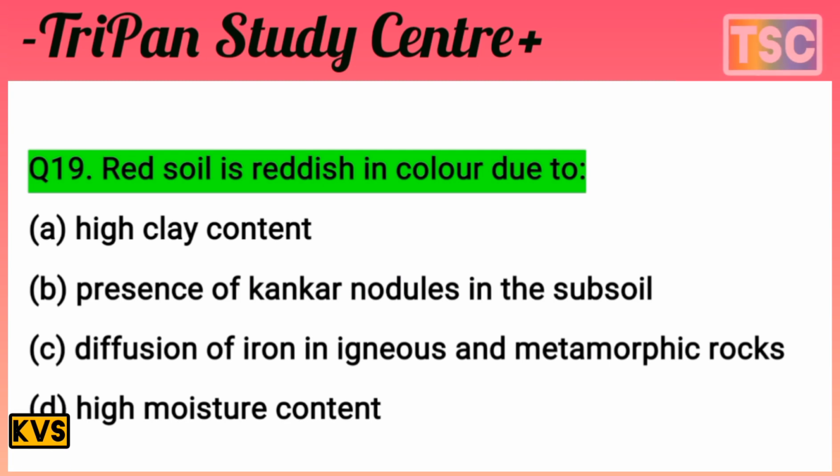High moisture content is rejected too. The answer is C: red soil is reddish in color due to diffusion of iron in igneous and metamorphic rock. That's important.